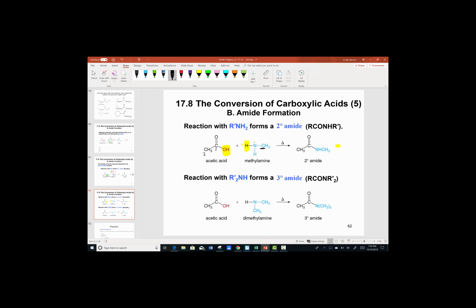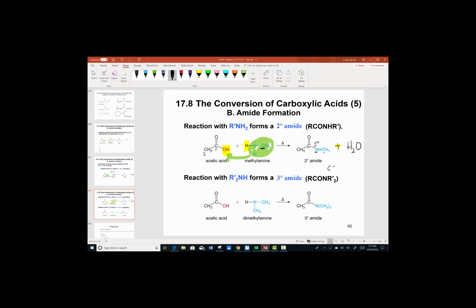Don't forget that that's always a byproduct. Sometimes the screens will leave it off, but we know that it's being formed. Then this entire structure will go in the place of the OH group. And this time we have formed a secondary amide, because this nitrogen is attached to 2 other carbons.